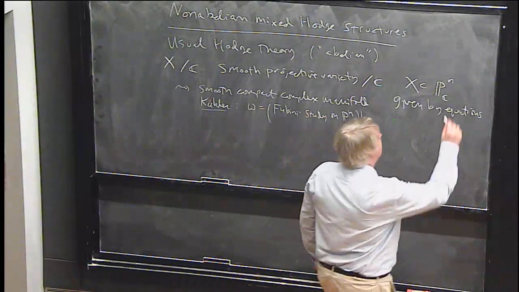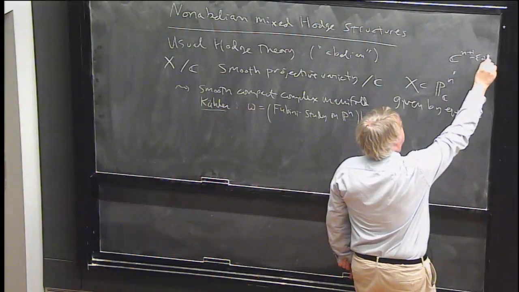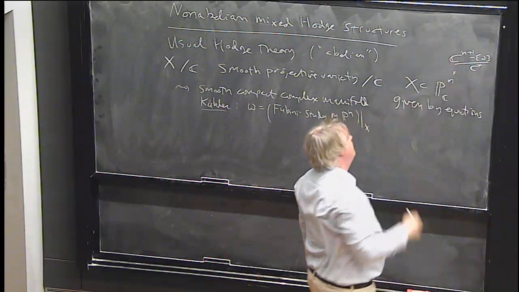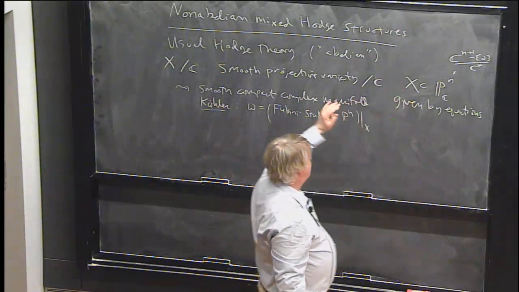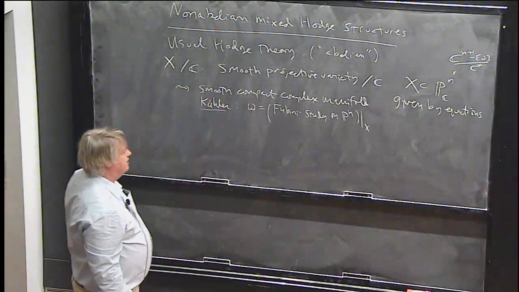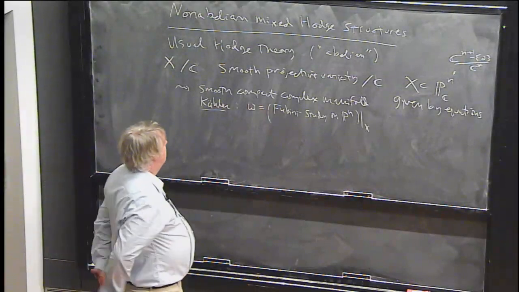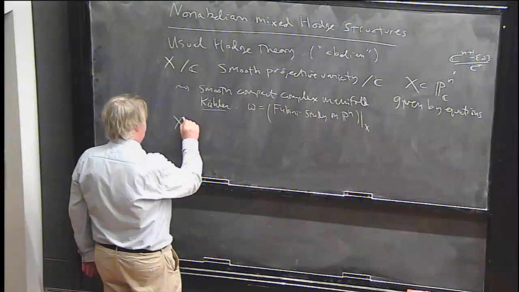This is C^(n+1) minus the origin divided by C star. If you look at the solution set of your equations, that's a complex submanifold, and the smoothness condition means it's a complex manifold instead of some kind of singular space. And so in particular, we get X top, which is a topological space.